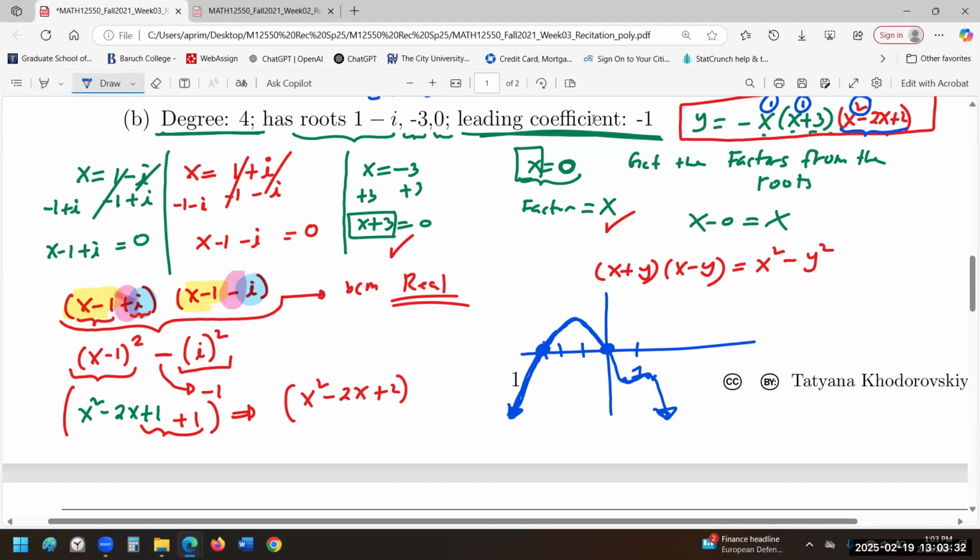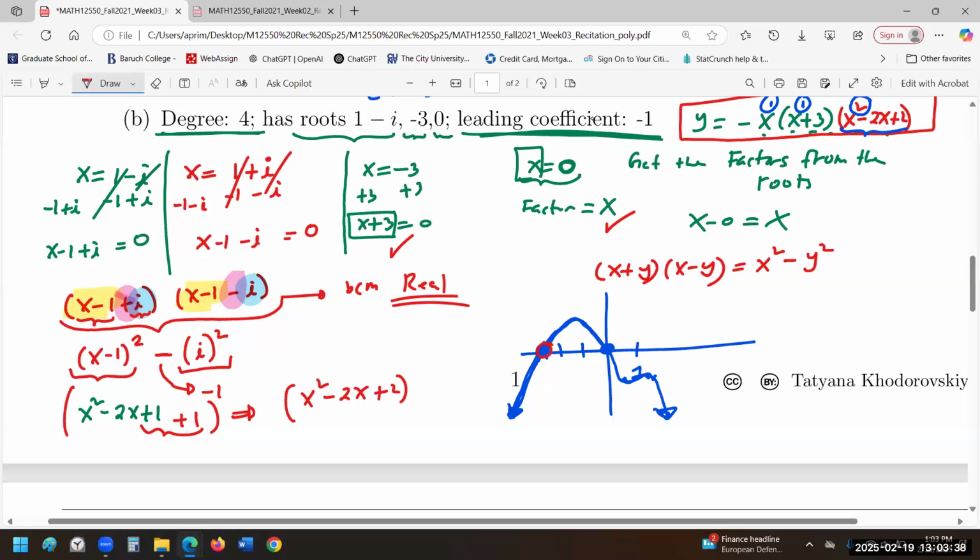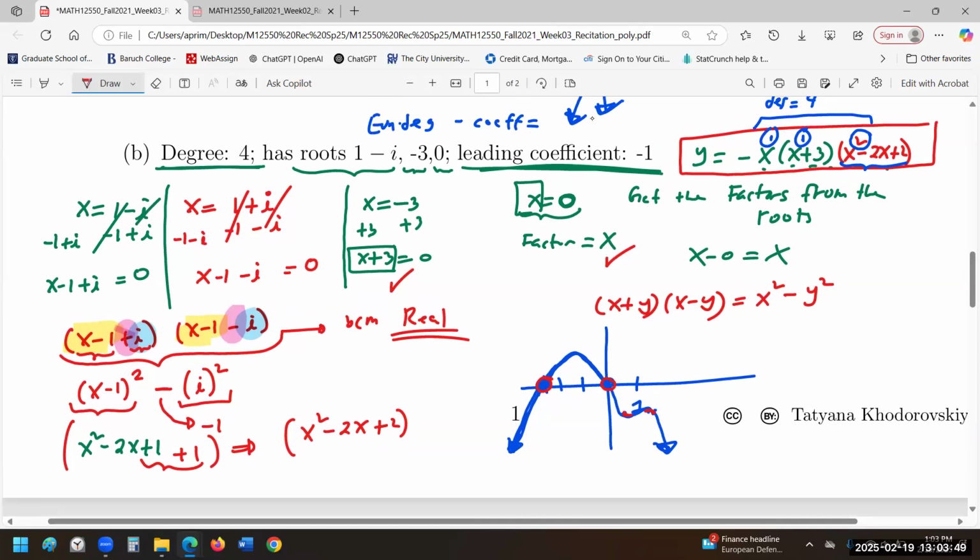The ones we do see are the real numbers given to us. These are imaginary roots. So our shape will be similar to this, and our polynomial is y equals negative x times x plus 3 times x squared minus 2x plus 2.